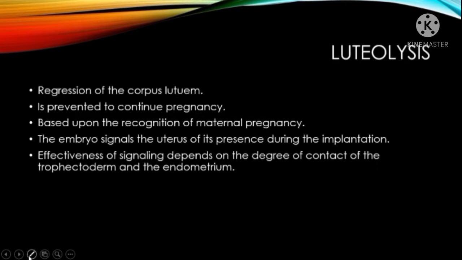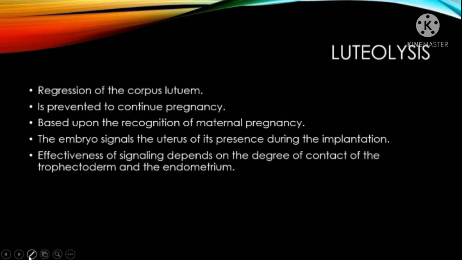Luteolysis, which is the regression of the corpus luteum, is a process that needs to be prevented in order to continue pregnancy. Luteolysis is based upon the recognition of maternal pregnancy, which means that if the mother fails to recognize that she is pregnant, this could lead to termination of the pregnancy.